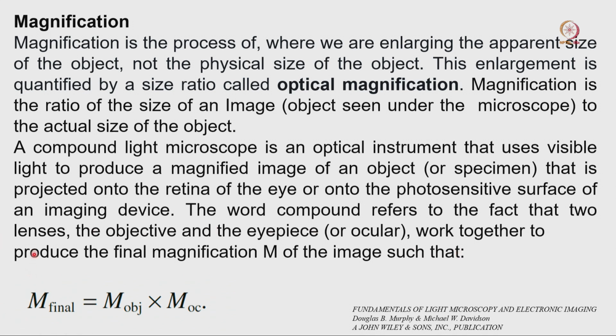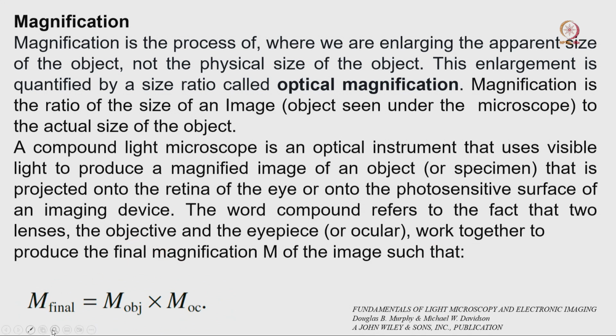So in a compound microscope we have a two lens system: one lens system is called the eyepiece, and the other one is the objective lens.